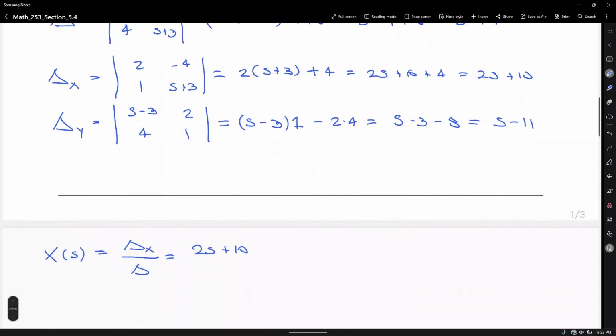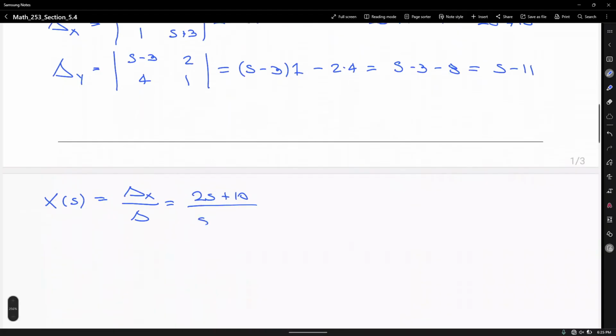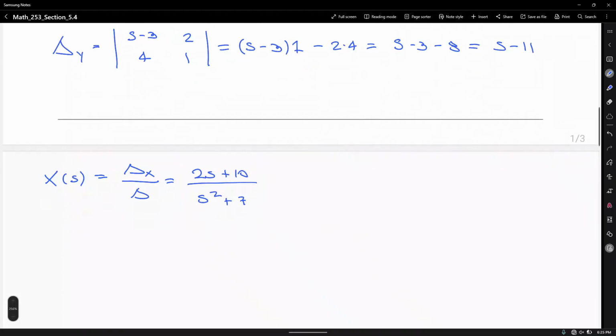Delta itself was s squared plus 7. Isn't that the same as saying 2s over s squared plus 7 plus 10 over s squared plus 7? We can just split the fractions.